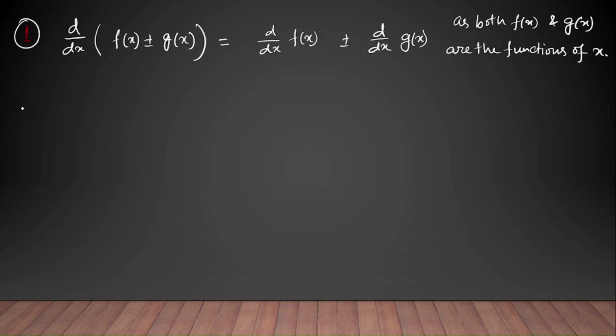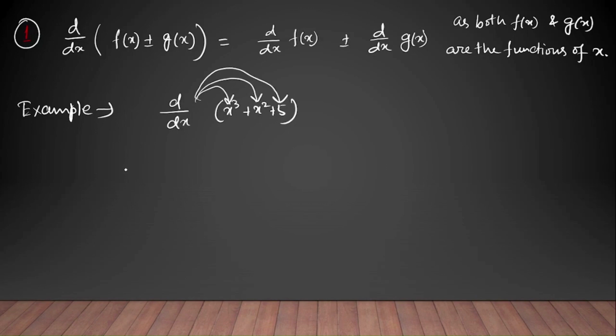Okay, let's have an example. Find the derivative of x cube plus x square plus 5. First of all you take this part, then this part, and then this part. So it will look like d/dx of x cube plus d/dx of x square plus d/dx of 5.